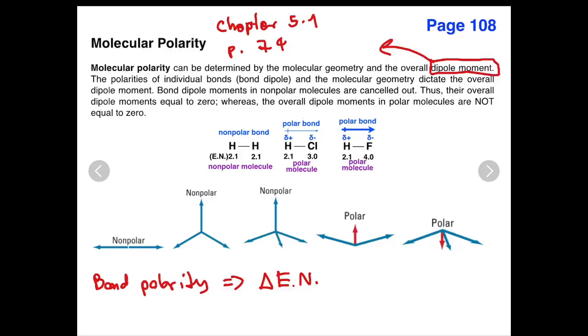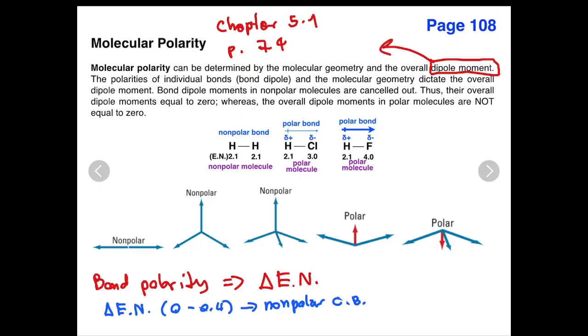If you go back to page 74 on your lecture manual, you will see that if the electronegativity difference between the two atoms is between 0 to 0.4, we consider these to be non-polar covalent bonds, because they are sharing electrons equally between the two atoms.